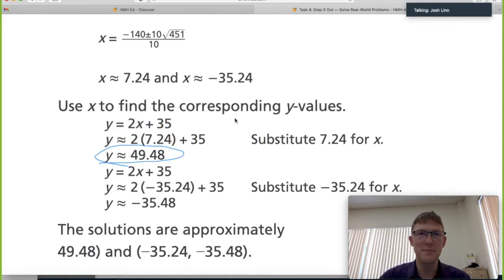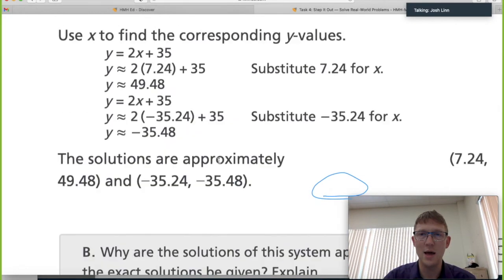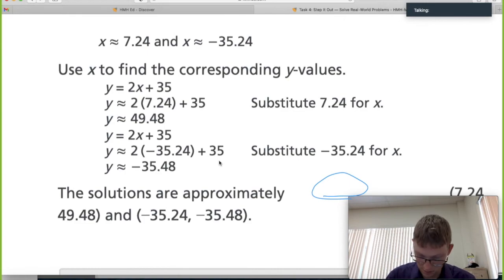So all they did is they plugged the 7.25 into y equals 2x plus 35. So then they wanted to find the other one. So they're going to substitute. There we go. Negative 35.25.